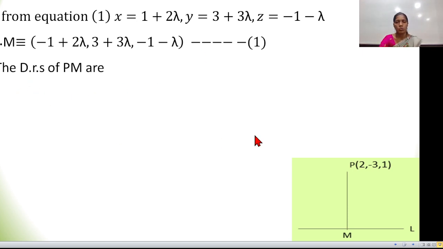Now to find out the DRs of line PM, we know that the DRs of PM are x2 minus x1, y2 minus y1, and z2 minus z1.